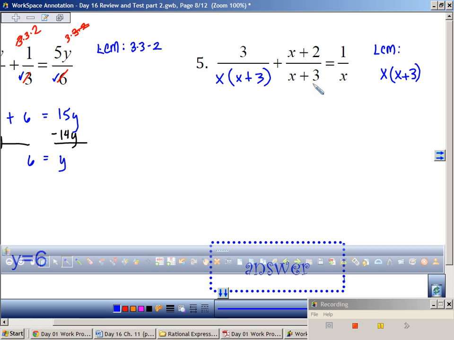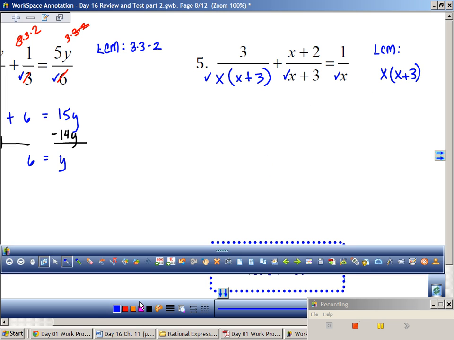It's a quantity. What about here? That one's done. What about here? We already have one. Do I need this? I don't need another one. What about x? It's already there. So my LCM is x times x plus 3. That's all that's necessary to clear out my denominator.